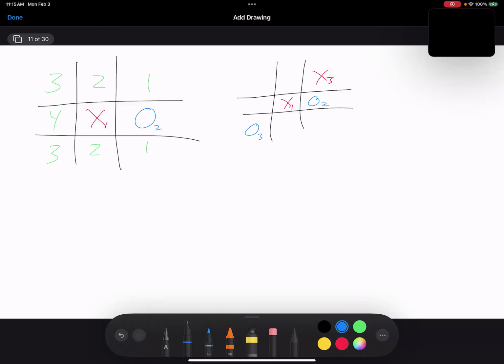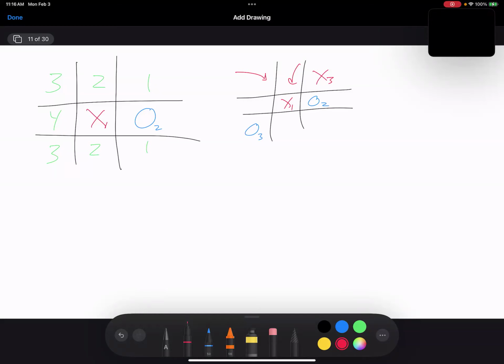Where can X go to win? Upper left. Any other place? Top middle. X has at least 2 ways to win. So if I go in the middle, I'm going to lose, if I'm playing against a good opponent.